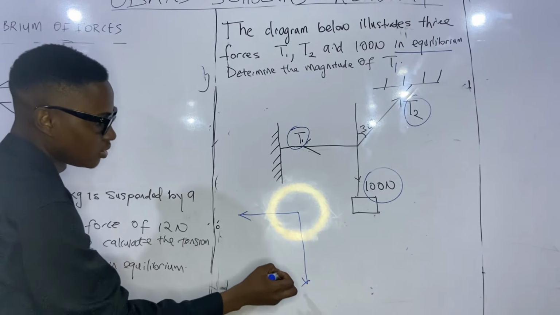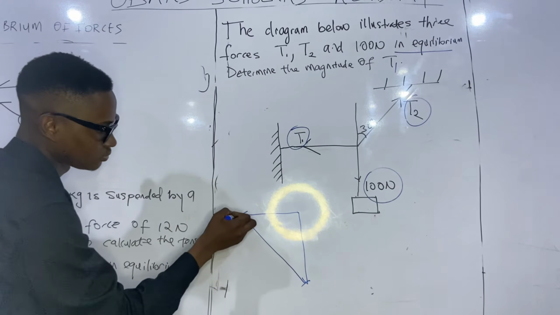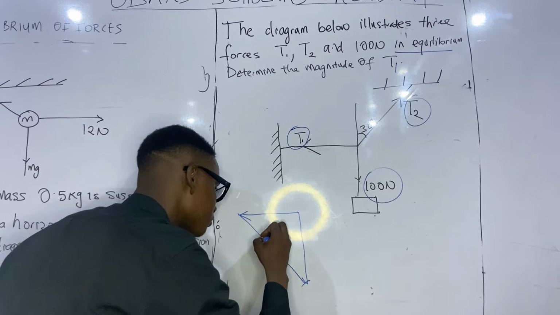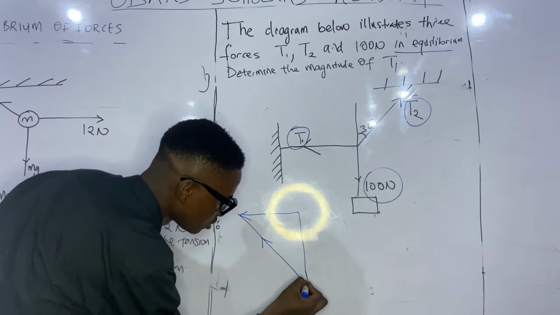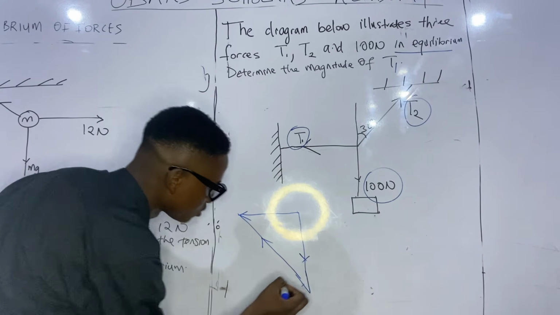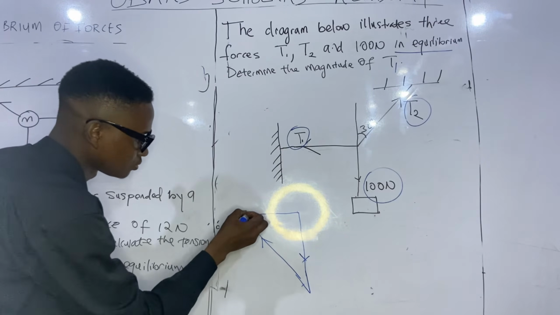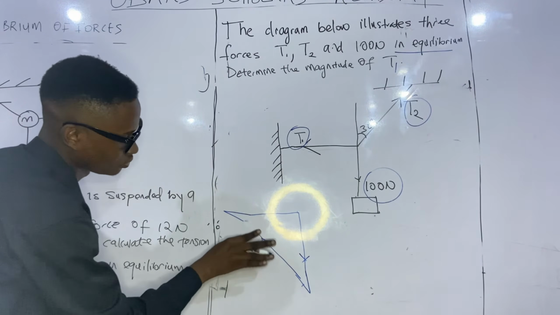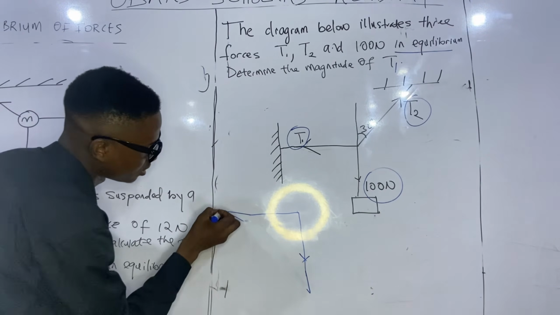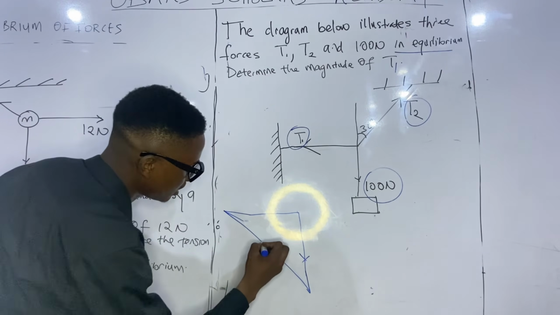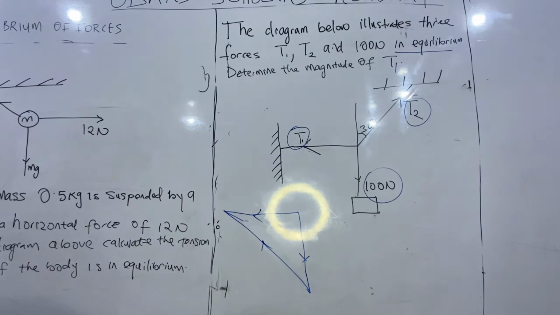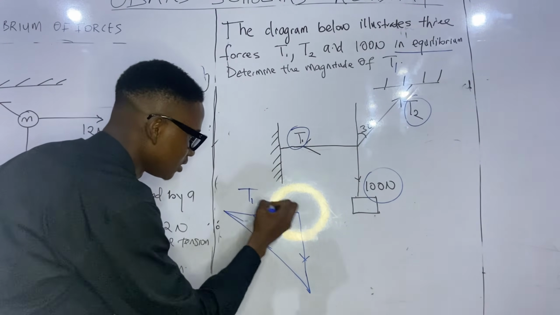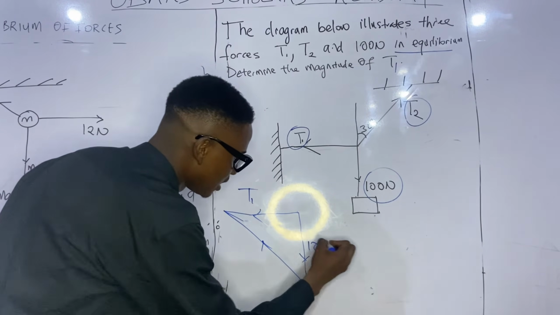So we can put it like this. Let me make this arrow clear here. Let me make this arrow clear too. So this is going like this. Can you see? So this is T1. This is 100 Newton.